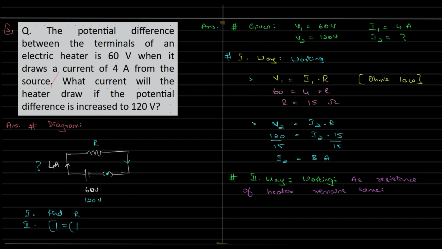So we have R is equal to V by I, V1 by I1, which is equal to V2 by I2, and this is from Ohm's law. Again, this is a separate answer, remember, so we need to mention that we got this formula from Ohm's law. Since these two are the same, we have 60 by 4, which is equal to 120 by the unknown I2.